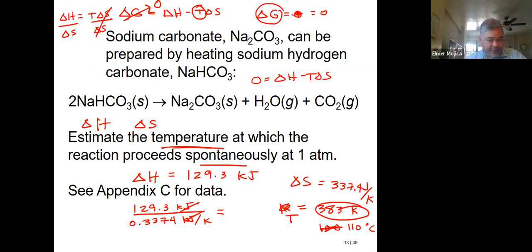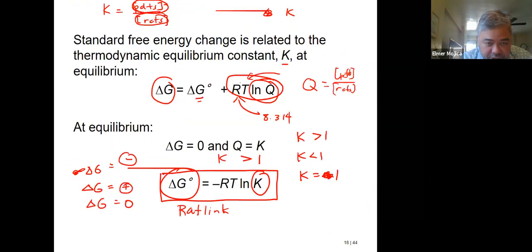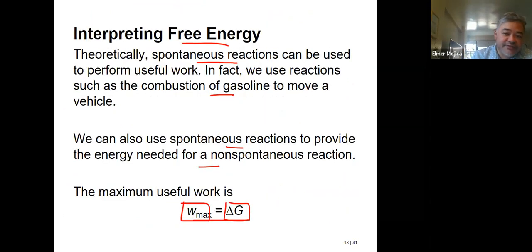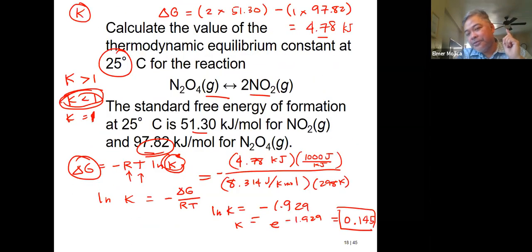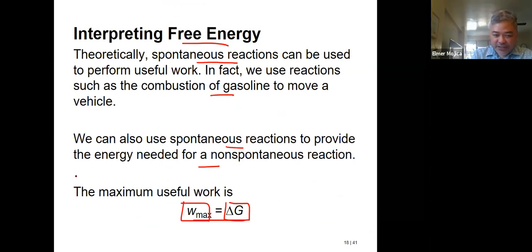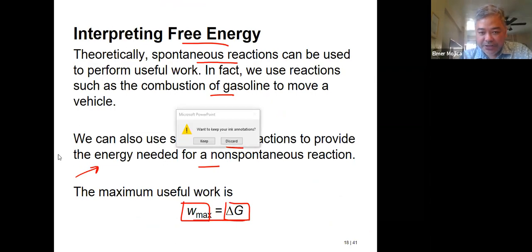Before I end this chapter, there's a statement that is shown there. In fact, we use a reaction to move a vehicle, or we use a spontaneous reaction to provide the energy for a non-spontaneous reaction. I want you to see a specific example in our body that allows this to happen. But to do that, I have to show you the other slides that we have.